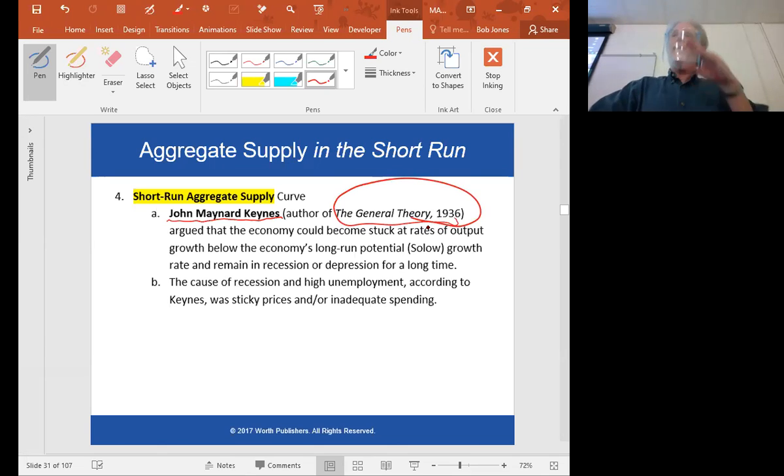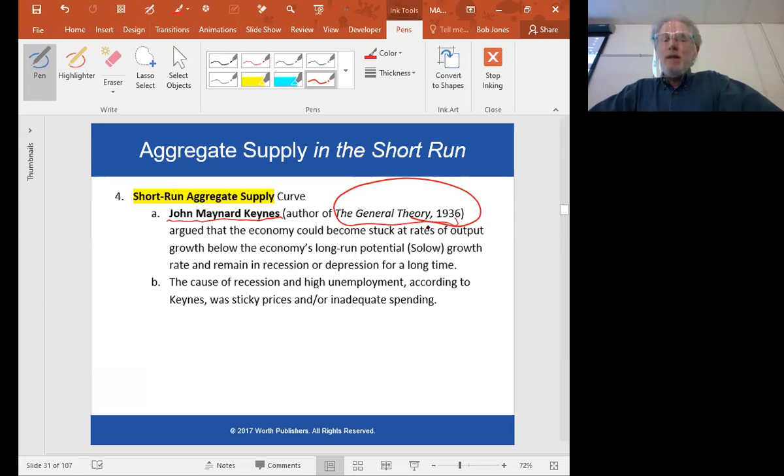You don't have to remember the whole title. The whole title is The General Theory of Employment, Interest, and Money. Just remember the general theory, that's enough. Published in 1936. And that book was extremely influential, very widely read. It changed people's thinking. It changed not just economists' thinking, it changed politicians' thinking.